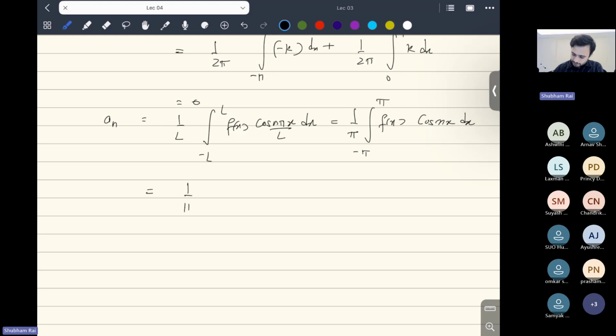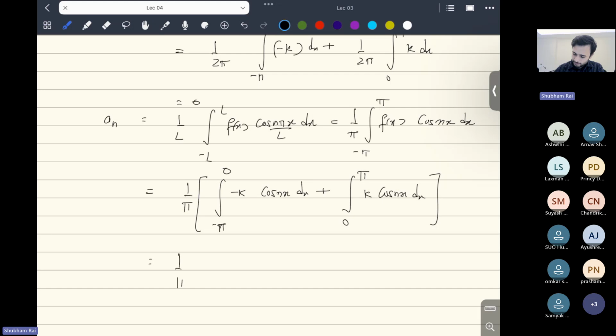So finally you will get 1 by pi, minus k, integral from minus pi to 0 of cosine of nx dx, plus the integral from 0 to pi of k cosine of nx dx.